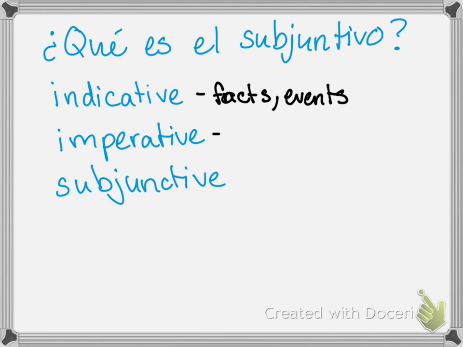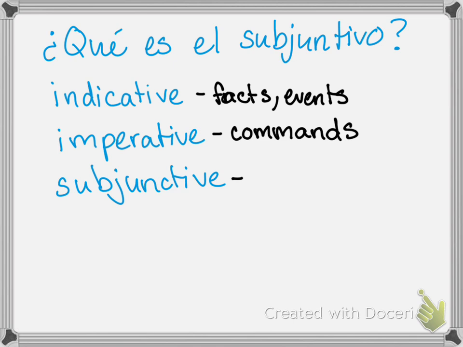The imperative is the mode that we use to give commands. It's the mode that we use to tell other people what to do. The subjunctive is different from these two modes in that the subjunctive cares more about what the subject's reaction to the facts or events or happenings is.